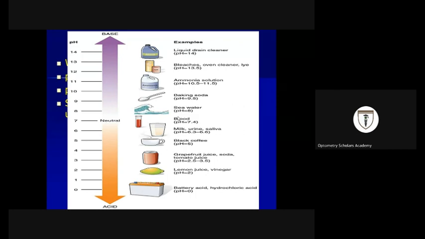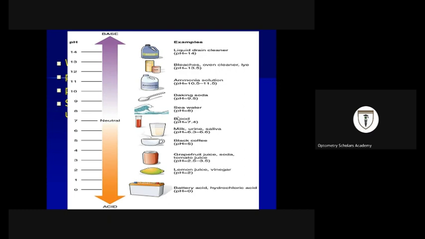Okay, Victor, if you're not seeing my slide, maybe it's your network. So the pH of the tear film is the same as the blood because it is a filtrate of the blood. So that is the neutral point, and it's close to 7. And when you go up, seawater is about 8 pH.